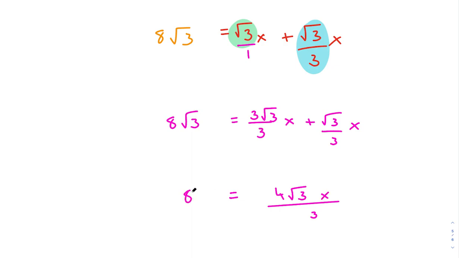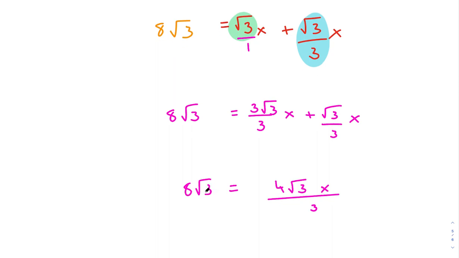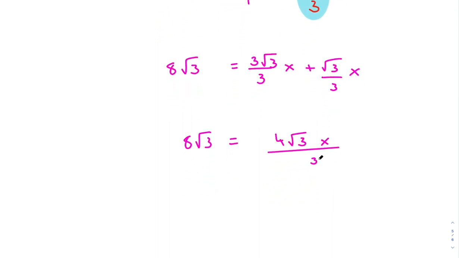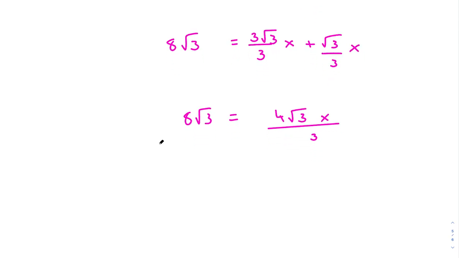And then the other thing I know is that it's equal to 8 root 3 on the left. Now I'm going to work through it. I'm going to multiply up by 3, or what we like to say is if it's dividing, how do I undo it? I'm going to multiply, and the rule is I have to multiply both sides. So I'm going to multiply this side by 3 and this side by 3, and I get 24 root 3 is equal to 4 root 3x.